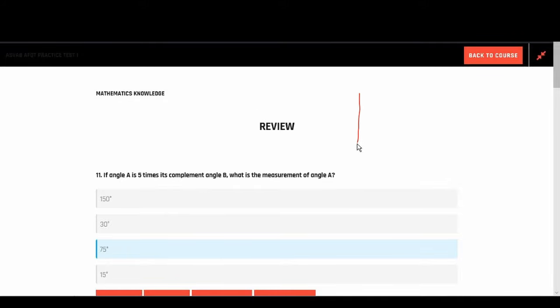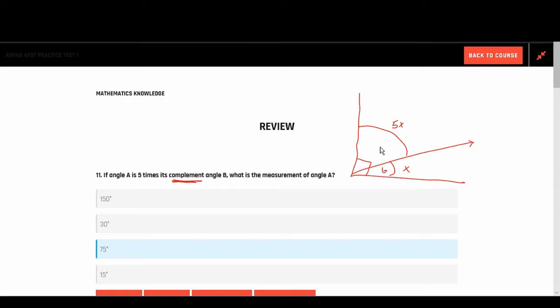So in this case, we know we're dealing with complementary angles, so they're going to add to 90 degrees, which is a right angle. Specifically, we're told that angle A is 5 times as big as angle B. So let's just call this x, angle B. And if x is angle B, we know A is 5 times angle B, so that's going to be 5x.